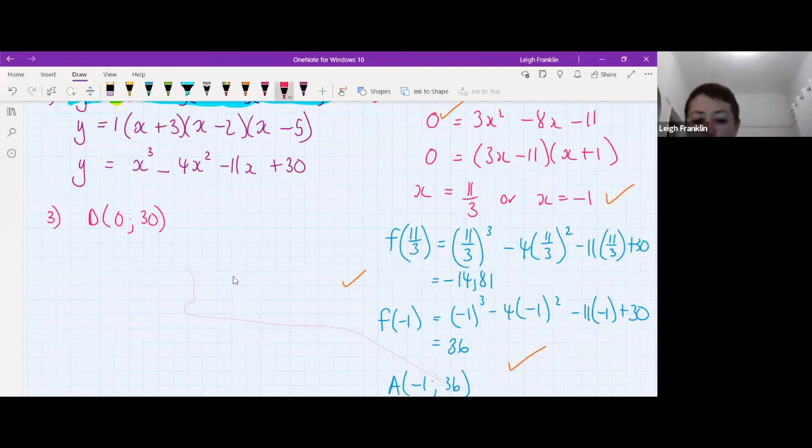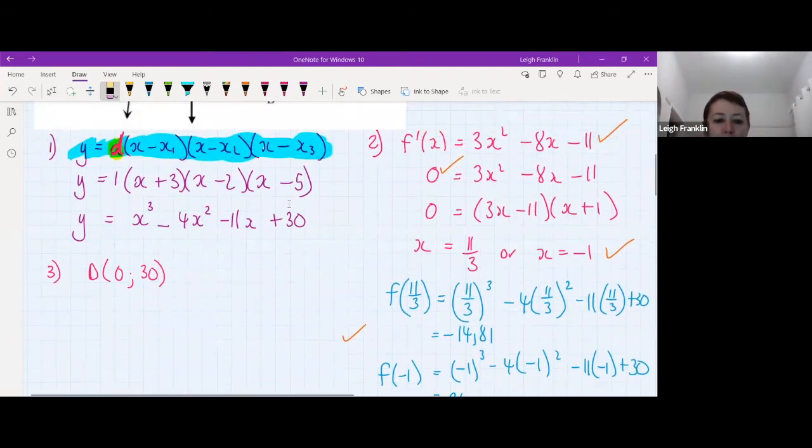So we want to, oopsie daisy, why is my pen doing that? We want to know what the gradient is at D. I'm kind of dropping big hints here now. What am I going to do? How am I going to work out the gradient at D? Anybody know what I can do?